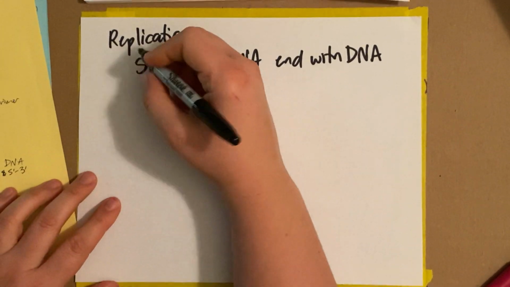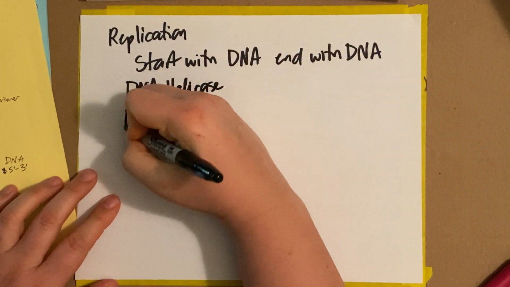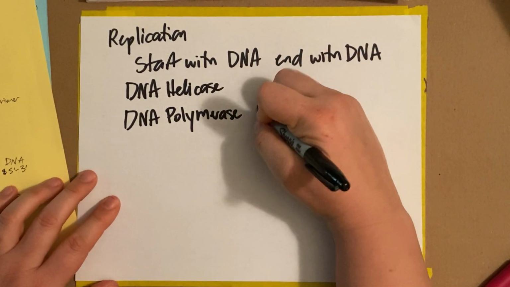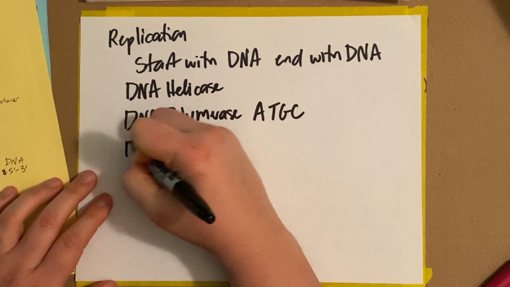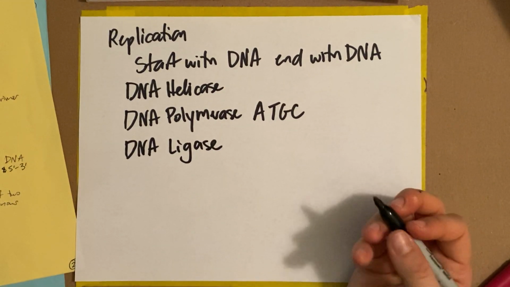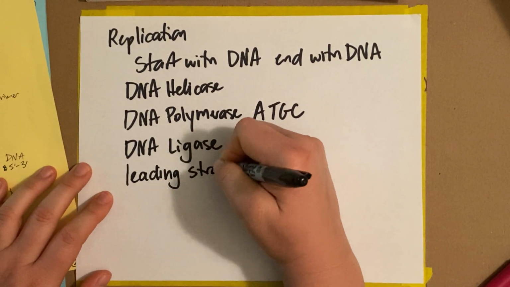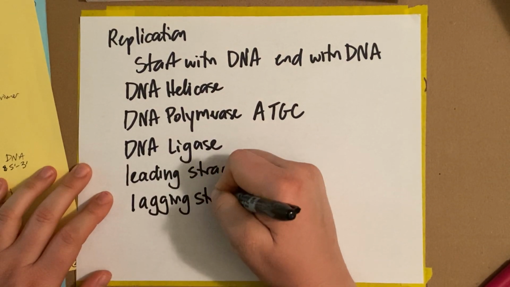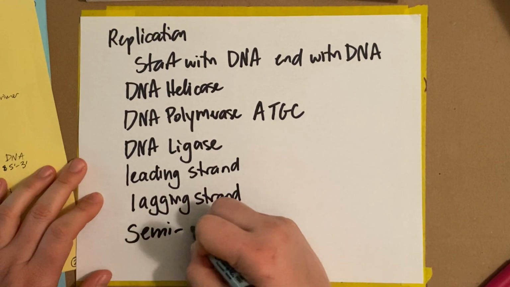Okay, you are going to be using DNA helicase, DNA polymerase. Okay, remember those are going to add on the bases, and DNA ligase. Okay, there is both a leading strand and lagging strand. Okay, and then DNA replication is semi-conservative.